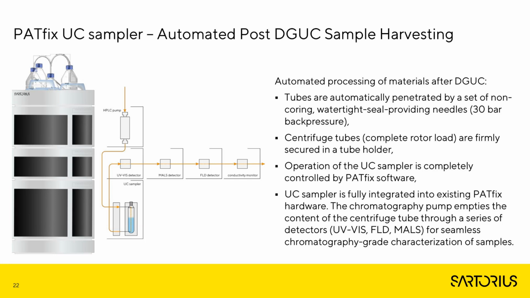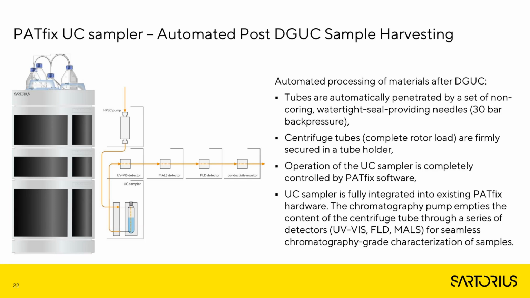The tubes are inserted into a specifically designed stand that minimizes all the movement of the gradients. After this, the tubes are automatically penetrated by a set of non-coring, watertight seal-providing needles. The operation of the UC sampler is completely controlled by the PatFix software, and the UC sampler, of course, is fully integrated into our existing PatFix hardware.